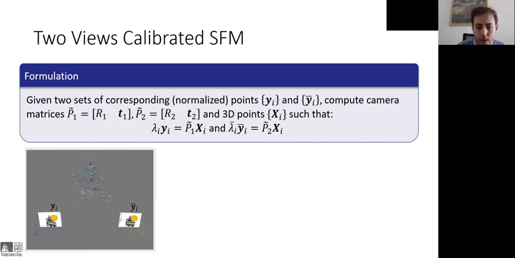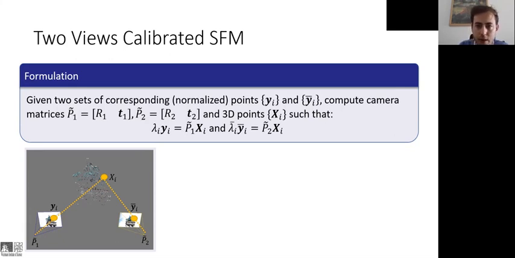So we have two sets of normalized point correspondences, and we need to find P1 tilde, P2 tilde and Xi, such that Xi will be projected to the corresponding normalized points. And this is under the assumption that you know the calibration matrices, right? Right, that's the assumption here.